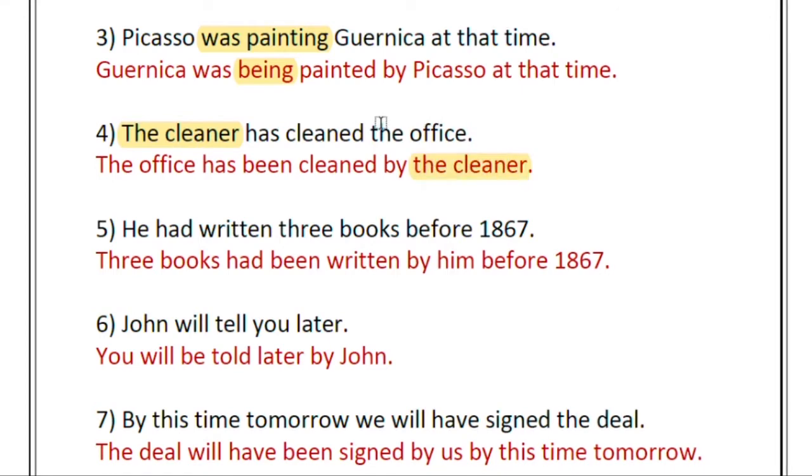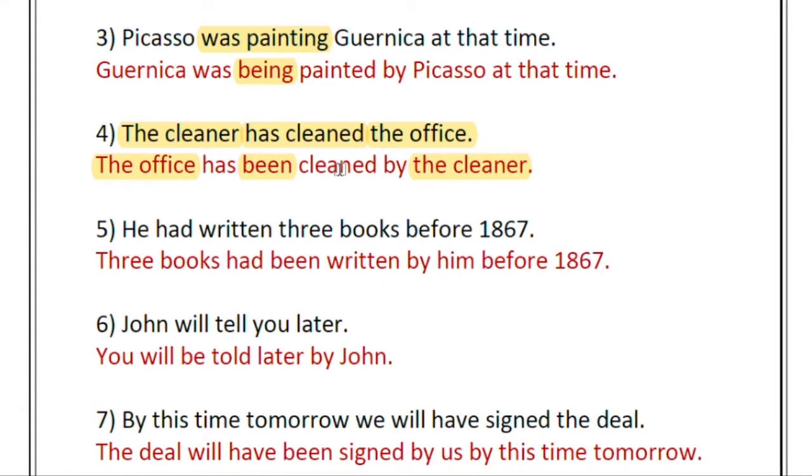And which one is the object? The office, that must come in front. So the office has been cleaned. This is very easy in case of perfect, simple present perfect. How will you change it? You will have to add been, been, been over here. So has been cleaned. If this was plural, if the office part was something which had a plural idea, then it would have become have been cleaned.